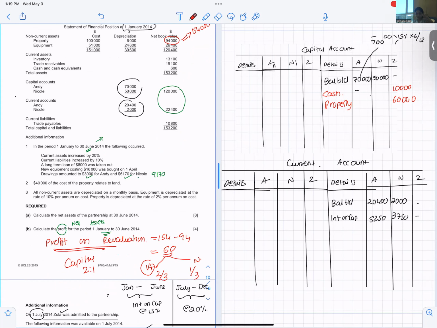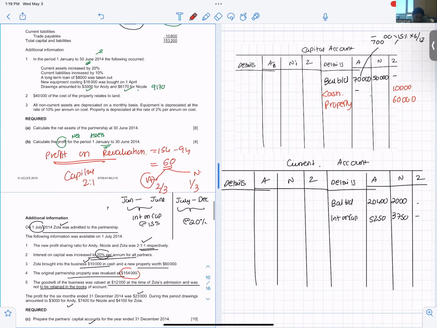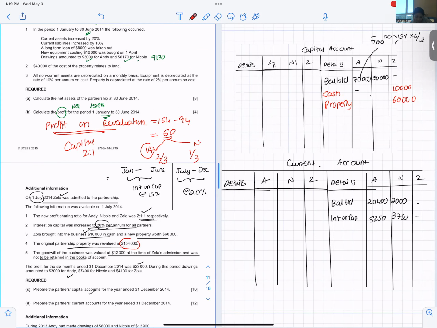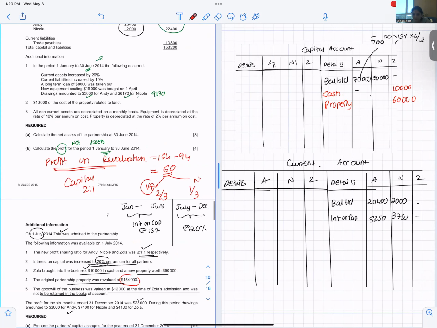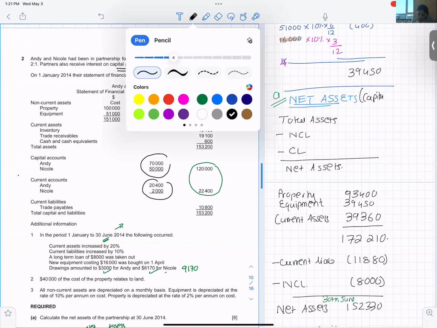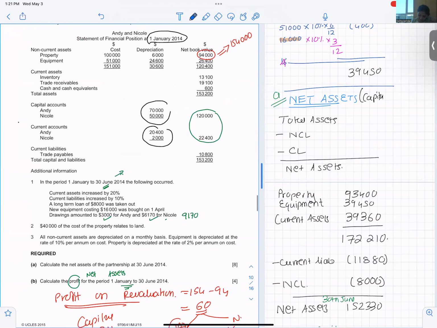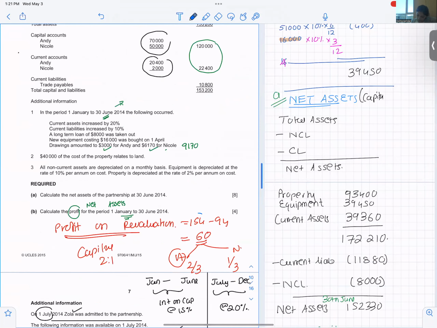So what is the profit on revaluation? Original property was revalued at 154,000. What was the old cost of the property? 94,000. I'm really very sorry. The property was revalued at 154,000.